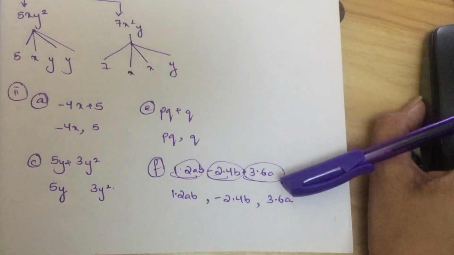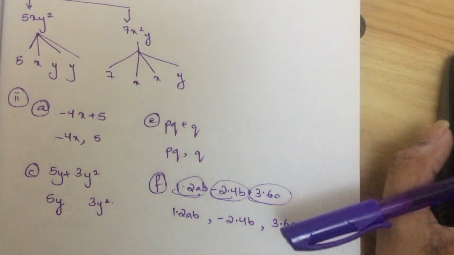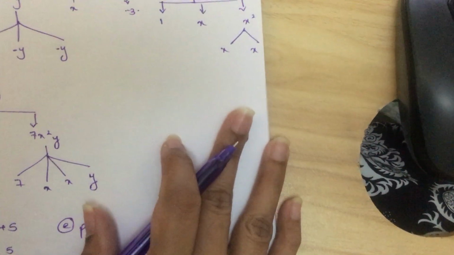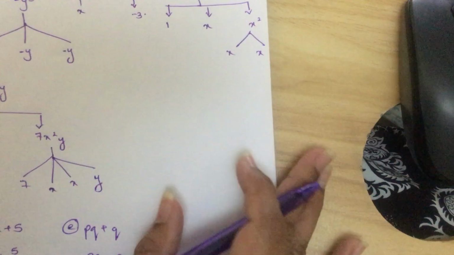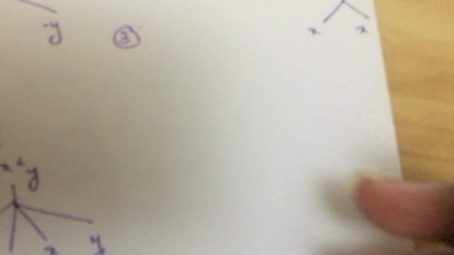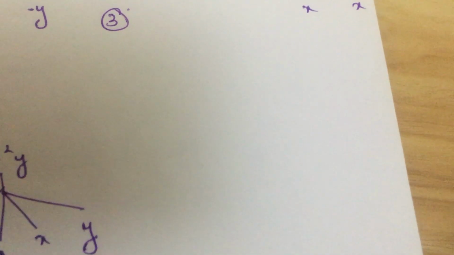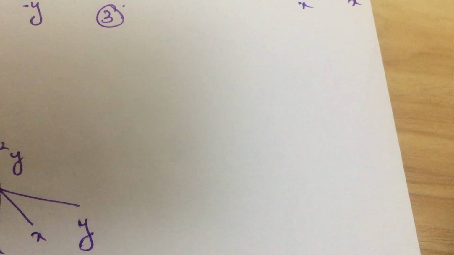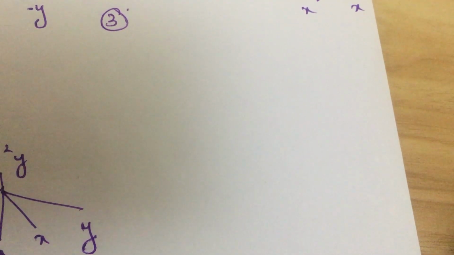Now going with the third question, it says identify the numerical coefficient and the terms other than constants in the following. So I need to identify the numerical coefficients.